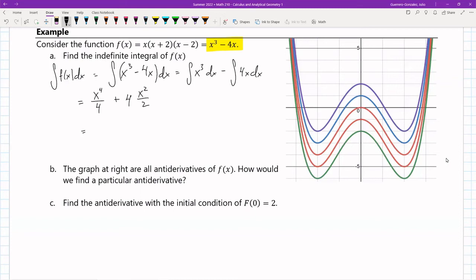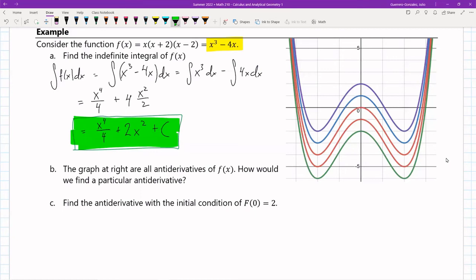If I simplify that a little bit more, this is going to be x to the fourth over 4 plus 2x squared plus c. This is our final answer for the antiderivative, or the indefinite integral.